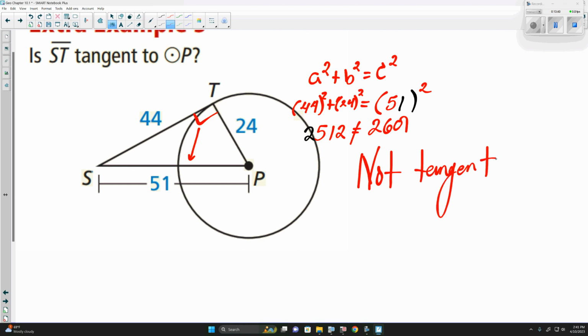So we can say not tangent, or we can say ST is not tangent to circle P. It's not tangent because Pythagorean's theorem does not hold true. Any questions on any of this here?